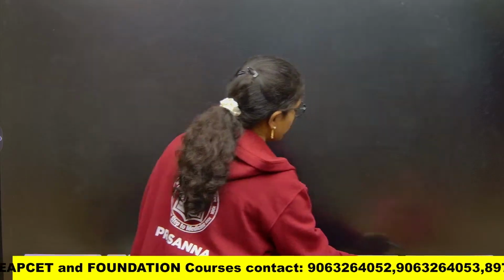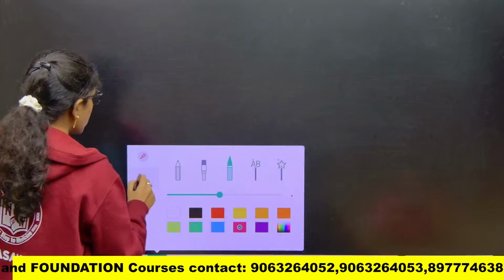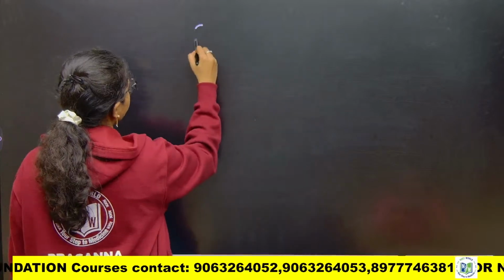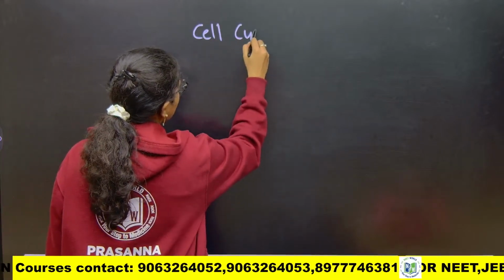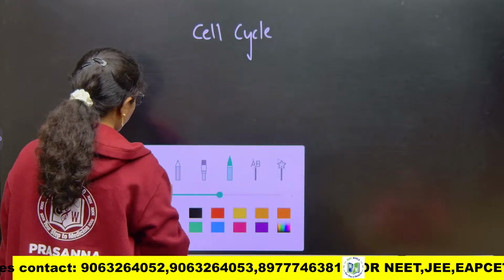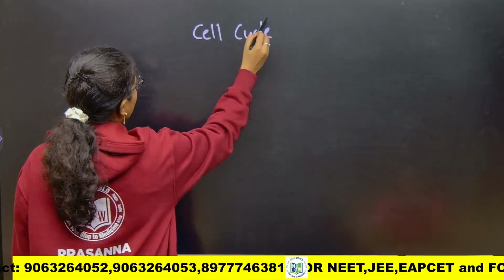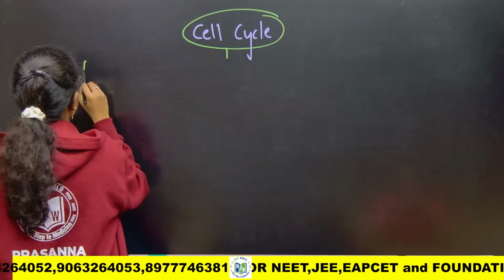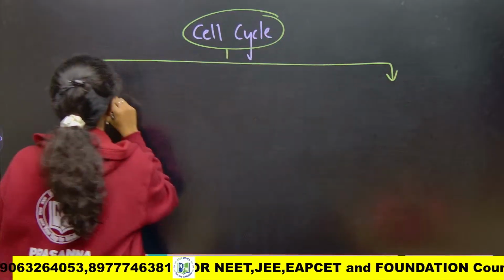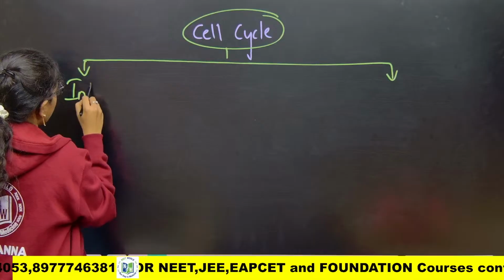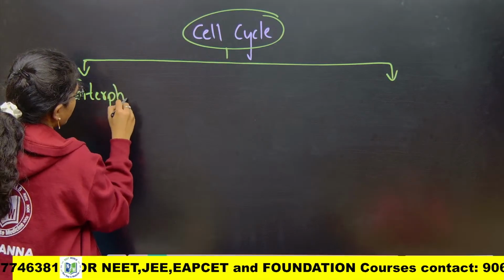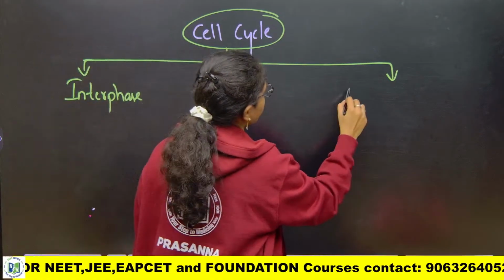I will be telling you. So the cell cycle operates in how many phases? The cell cycle operates in two phases. What are they? Interphase and M phase.